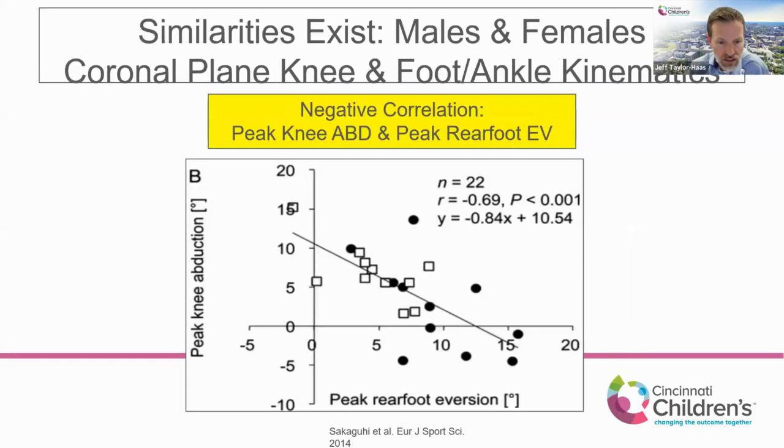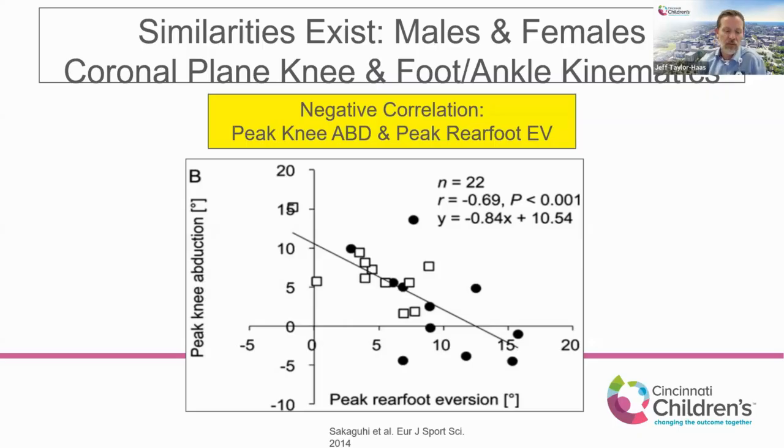When we look at the rear foot in the frontal plane and the knee in the frontal plane, here the peak rear foot eversion is on the x-axis and peak knee abduction is on the y-axis. Again, we see a similar relationship between males and females. This time it's a negative relationship. As rear foot eversion is increasing, knee abduction angle decreases.